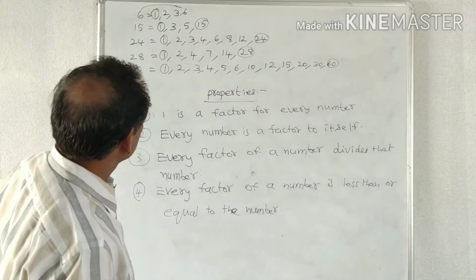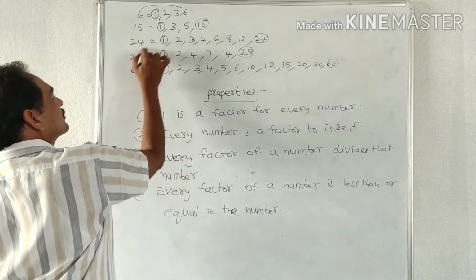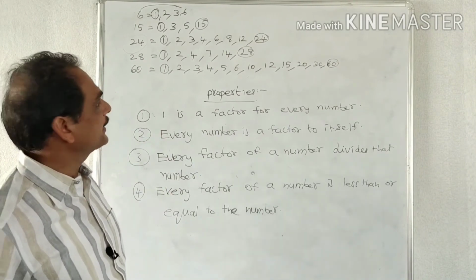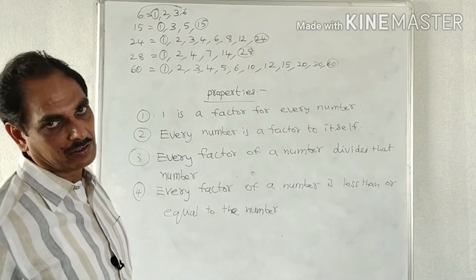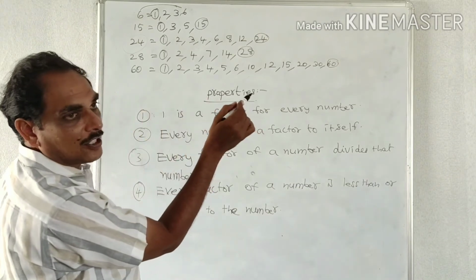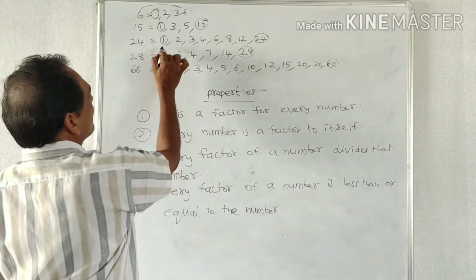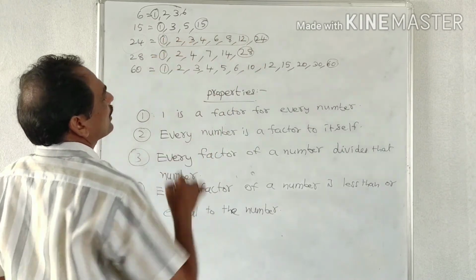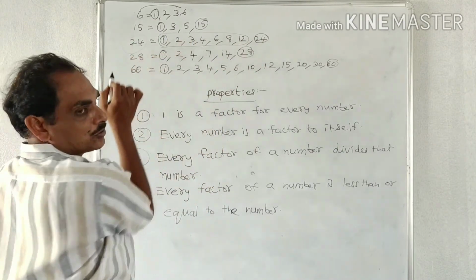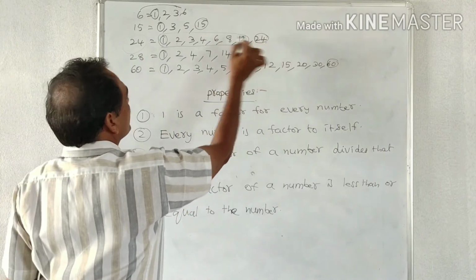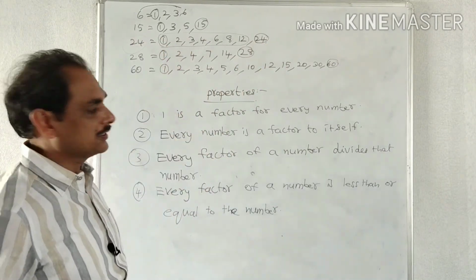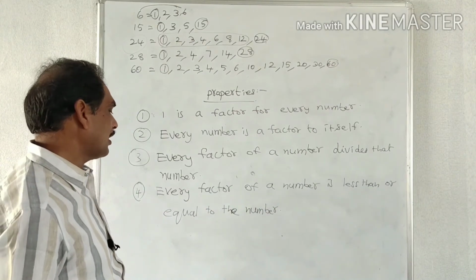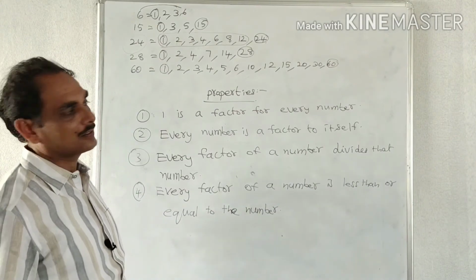So suppose we go to 24. The factors of 24 are 1, 2, 3, 4, 6, 8, 12 and 24. From 1 to 12, all the factors are less than 24, and 24 is equal to 24. This means every factor of a number is less than or equal to that number.